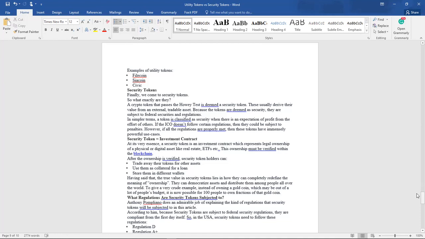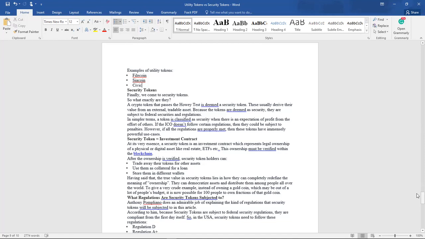So you can co-own something together with a bunch of people, or you can own a house in Florida without even being a citizen of the US.